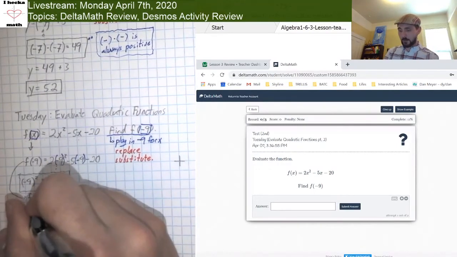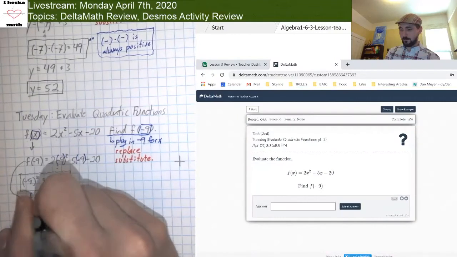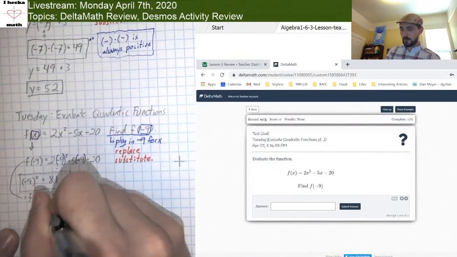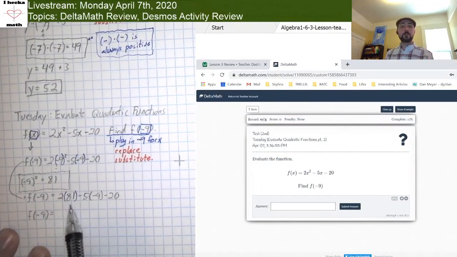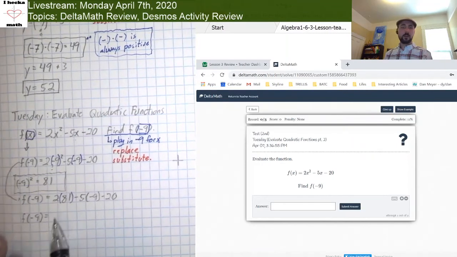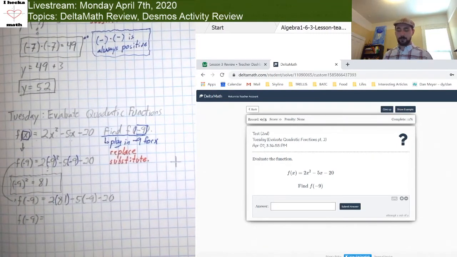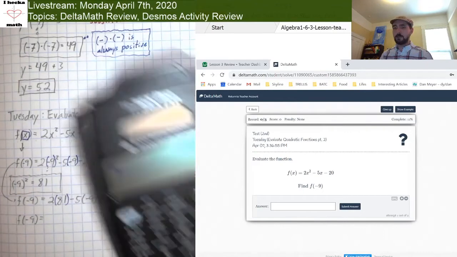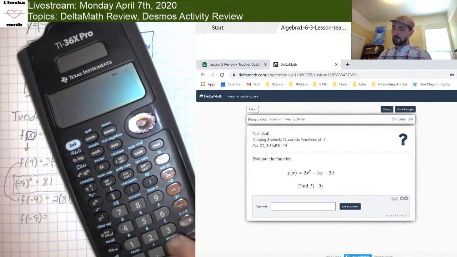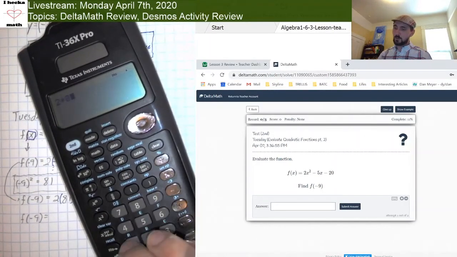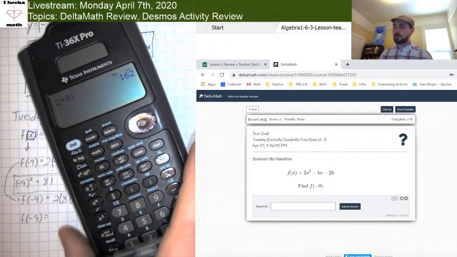So I'm going to copy f of negative 9 equals, well, this is 2 times 81. That's not something I feel like doing in my head right now because I'm keeping track of the stream, the video, and everything else. So let's just make my life easier and do it on the calculator. 2 times 81 is 162.